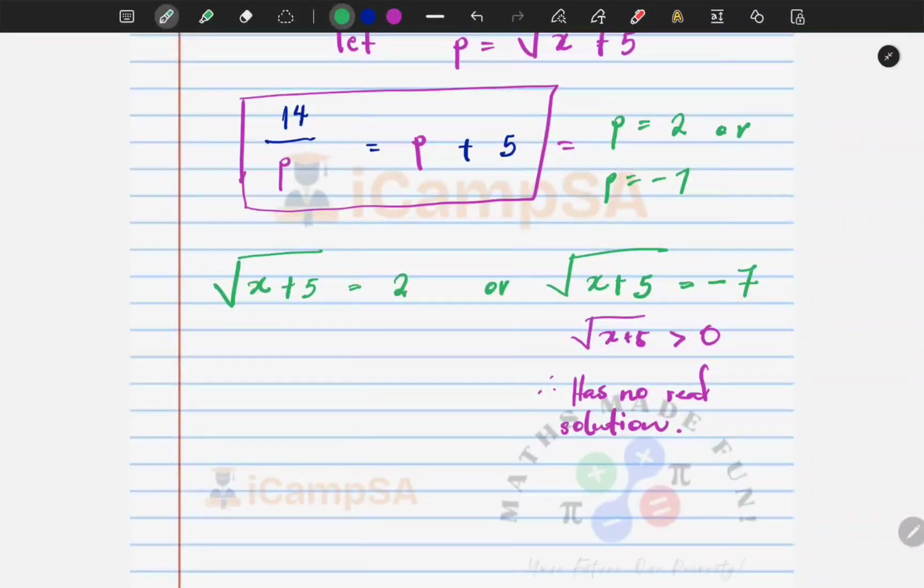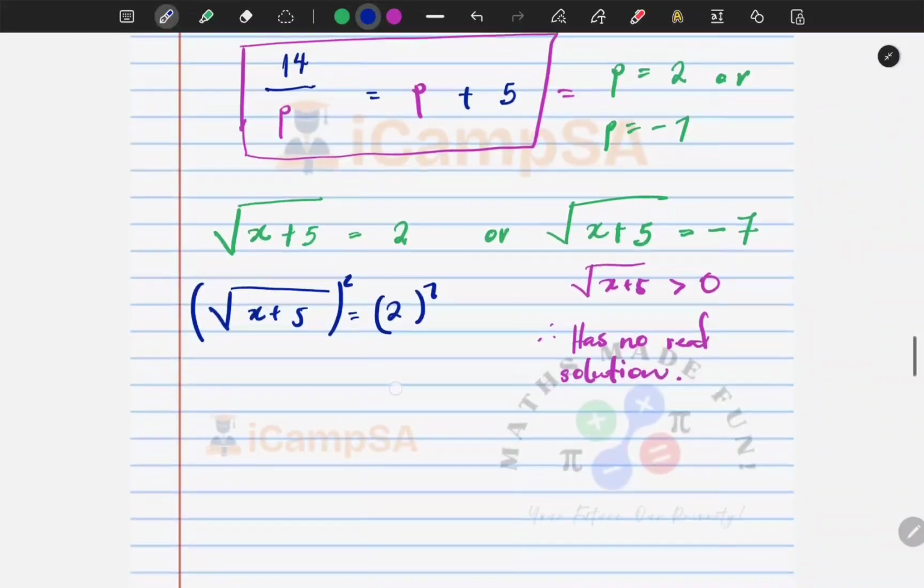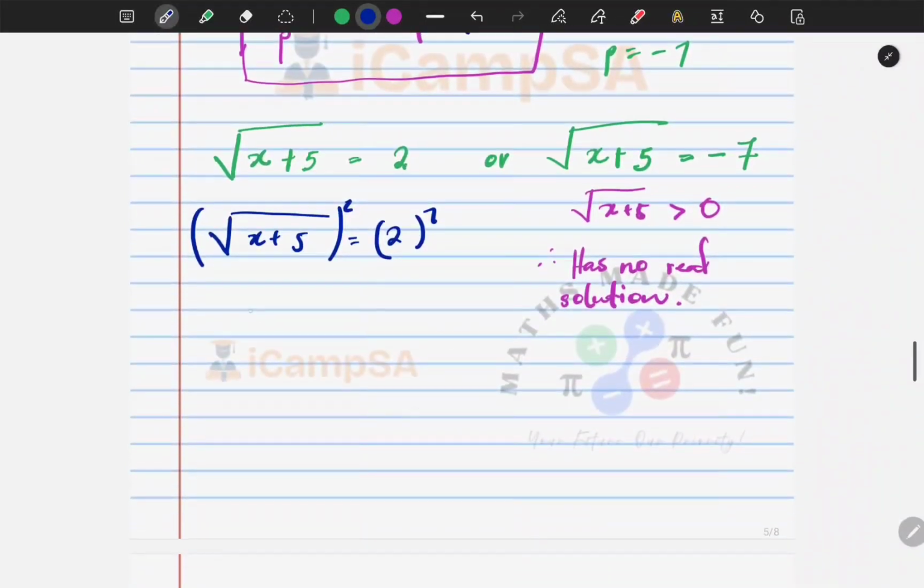This is what we can solve for because it's positive. Here we are going to have the square root of x plus 5 equals 2, and then we square both sides. So x plus 5 equals 4, and x is going to be 4 minus 5, which is negative 1. This is going to be our answer.